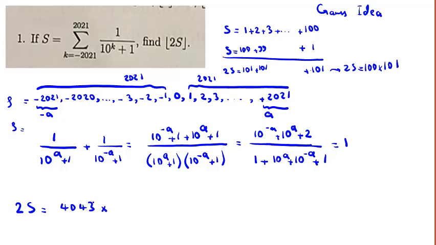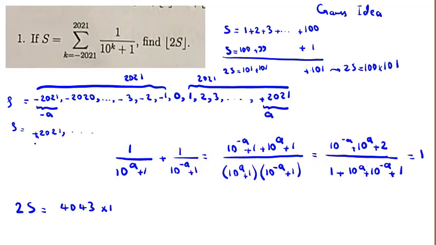And it will be what? 43 times, since each column is 1. So we have this number of numbers, and if you write them in reverse order, each of them will be 1. So here, if you write s in reverse order, all these fractions, then this plus this is 1. We've proved this plus this. All of them will be 1. So now 2s is 43.